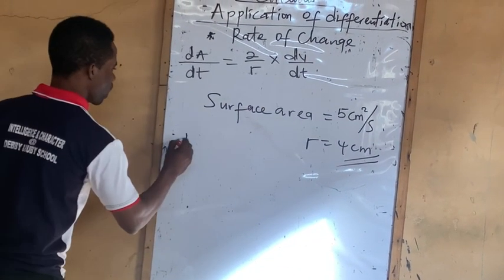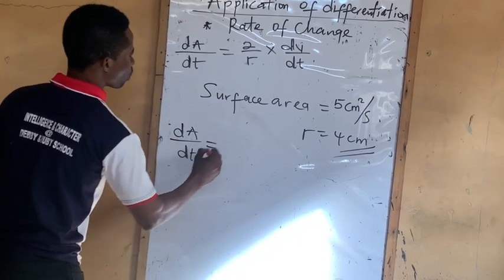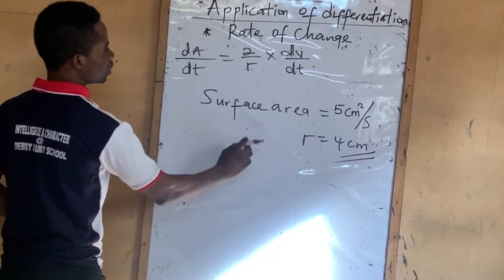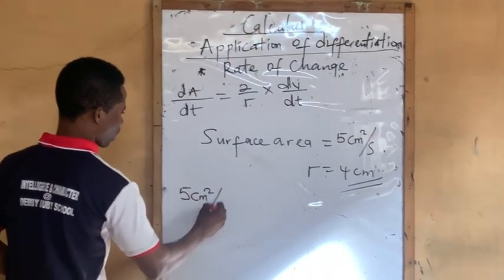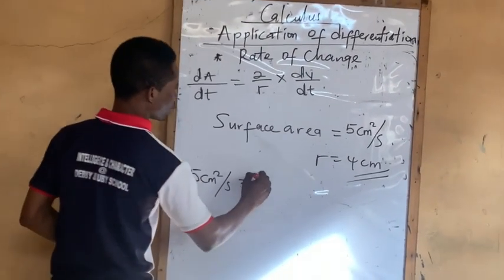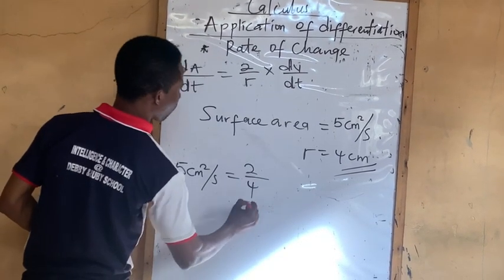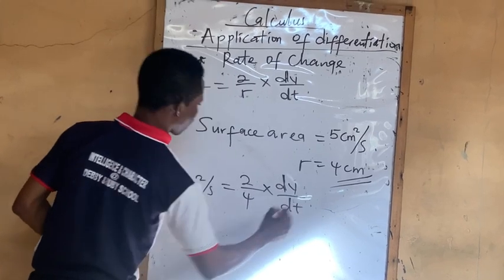Now, dA/dt is actually 5, I don't need to write it again. That means 5 centimeters squared per second equals 2 all over, and what is my radius? My radius is 4, times dV/dt.